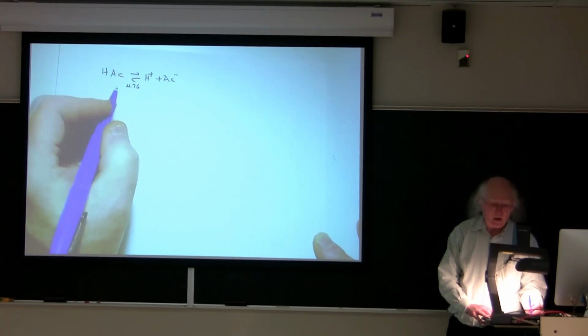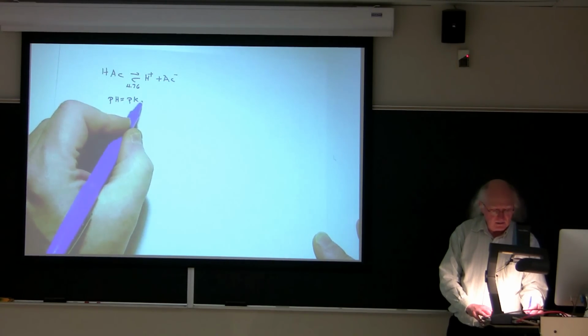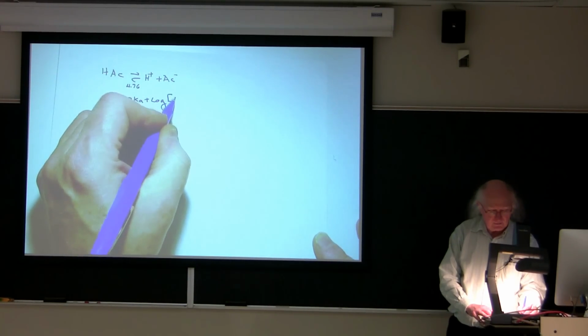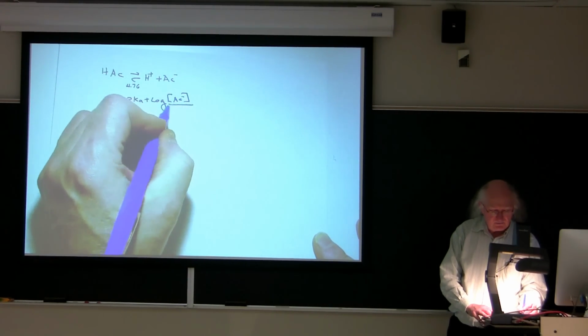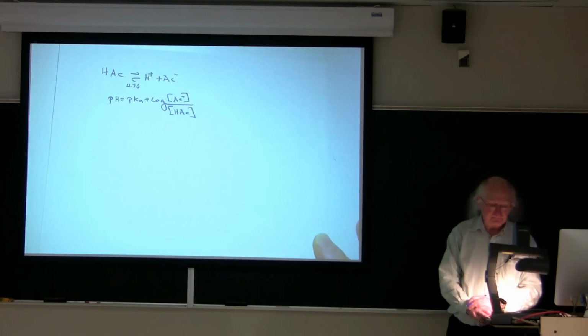Well, remember Henderson-Hasselbalch equation says that the pH equals the pKa plus the log of the concentration of the salt, which in this case is AC minus, divided by the concentration of the acid, which is HAC.